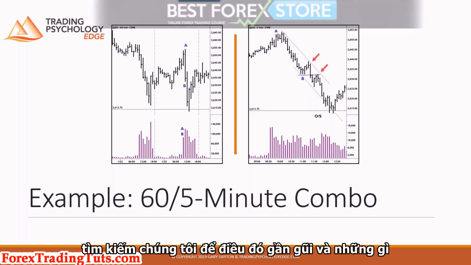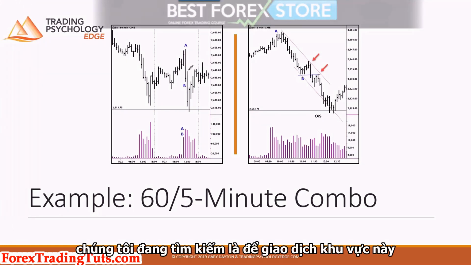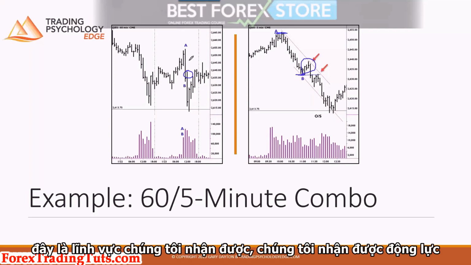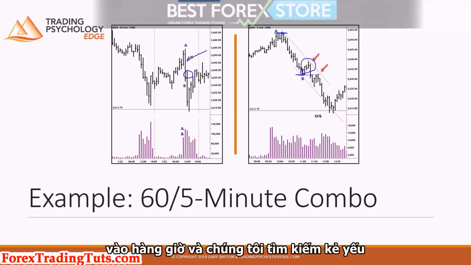We let that close, and what we're looking for is to trade this area in here. So A starts up here, and B ends down here, and this is that area, you see. We get momentum on the hourly, and we look for the weak pullback on the 5-minute.